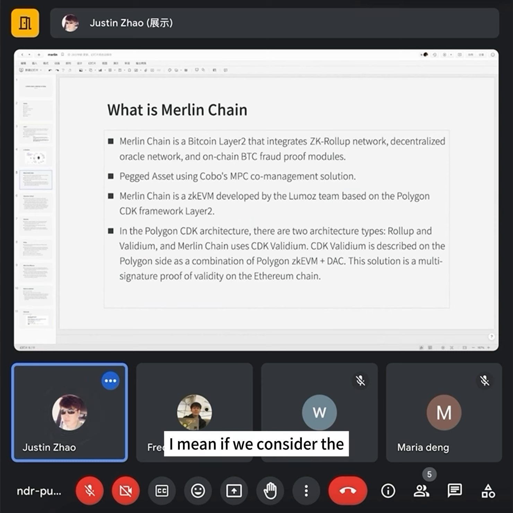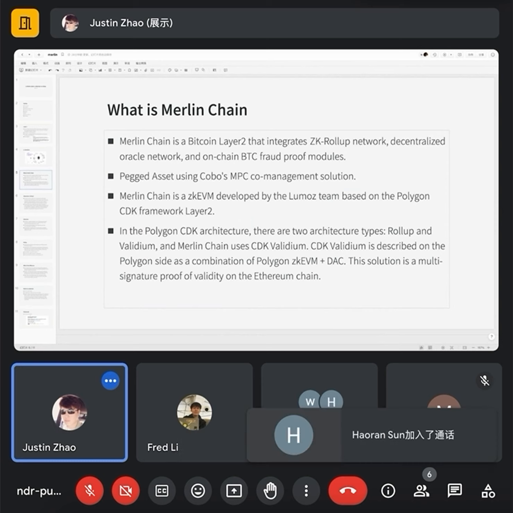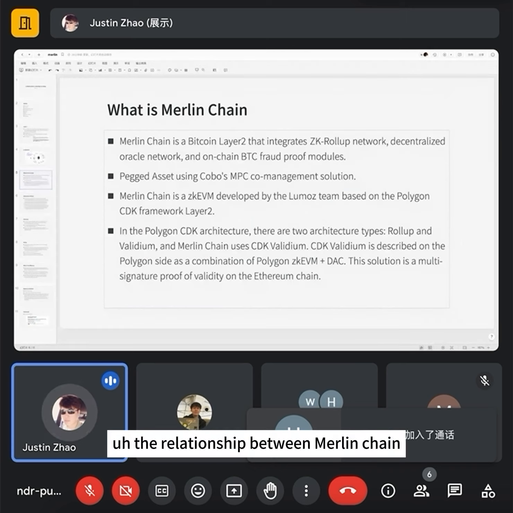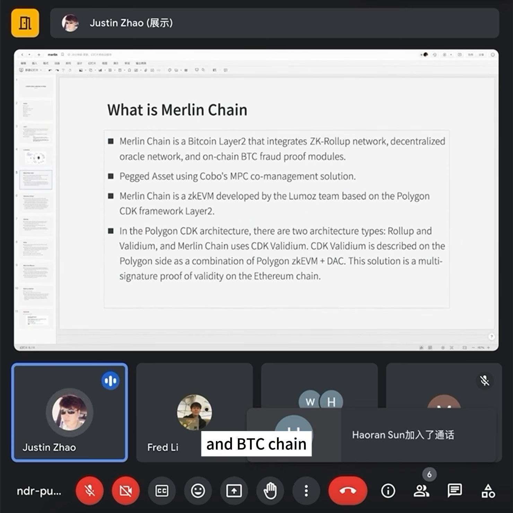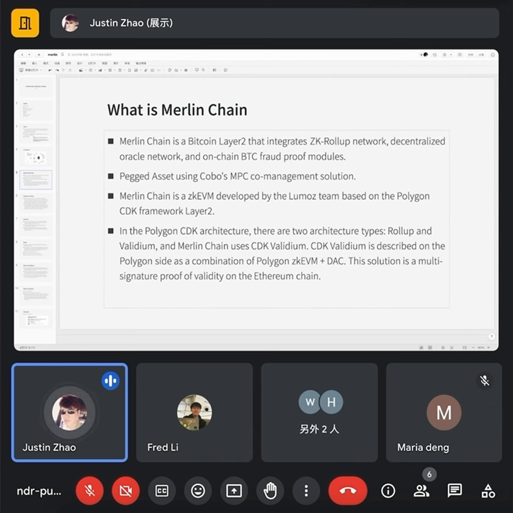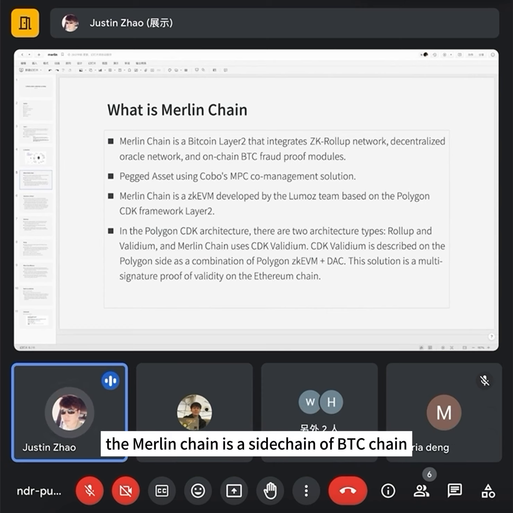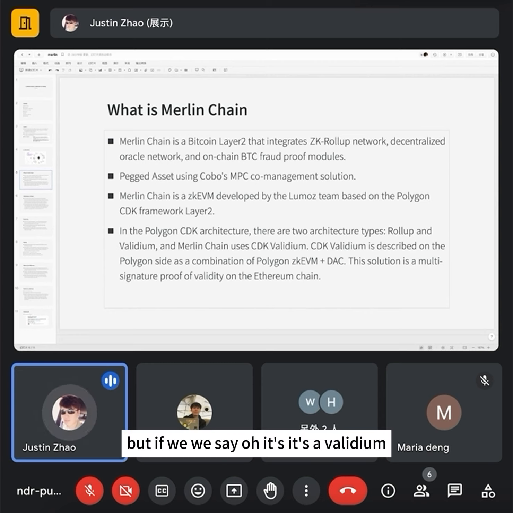I mean, if we consider the relationship between Merlin chain and Bitcoin chain, the Merlin chain is a sidechain of Bitcoin chain. But if we say it's a Validium, yes, it's a Validium. But when we say Validium, it means the Merlin chain itself is a Validium.